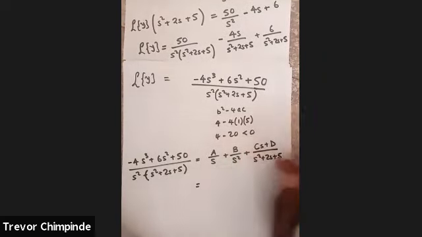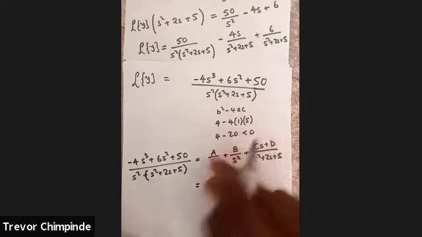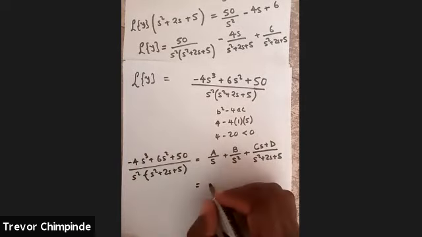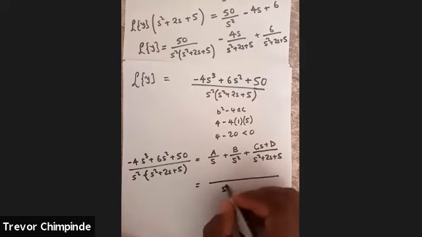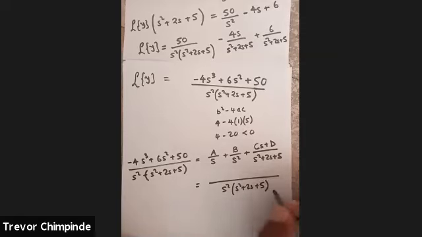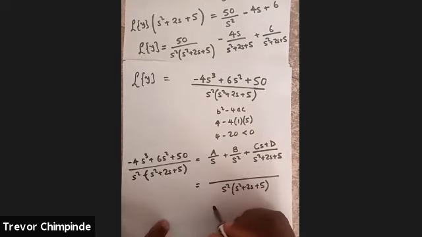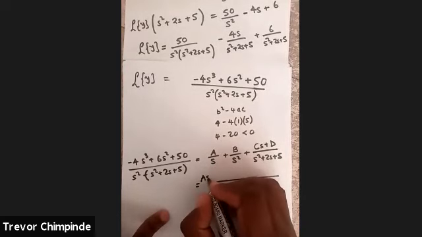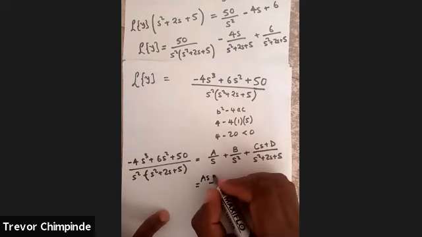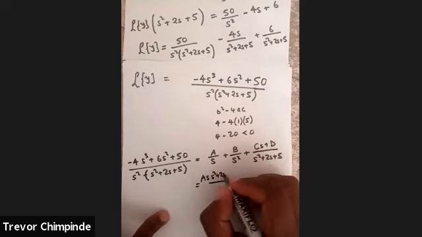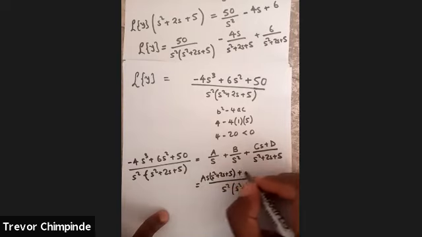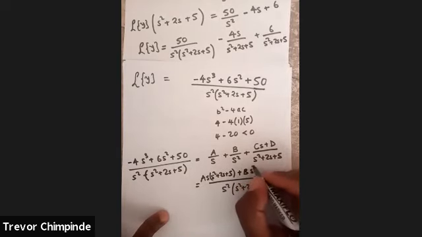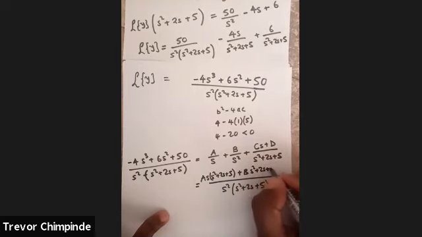So what our numerator is going to be, so that we compare with this one, we're going to have A s, then s squared plus 2s plus 5, plus B times s squared plus 2s plus 5.